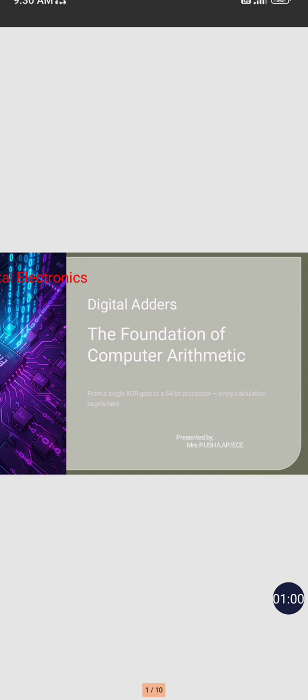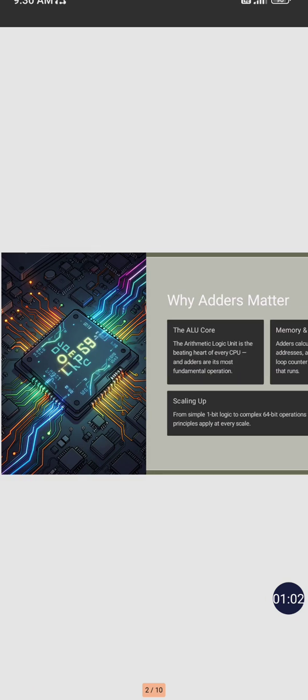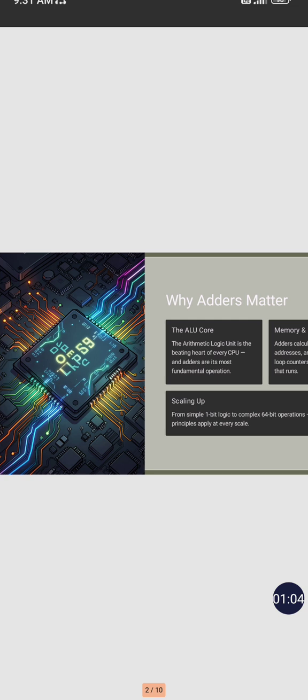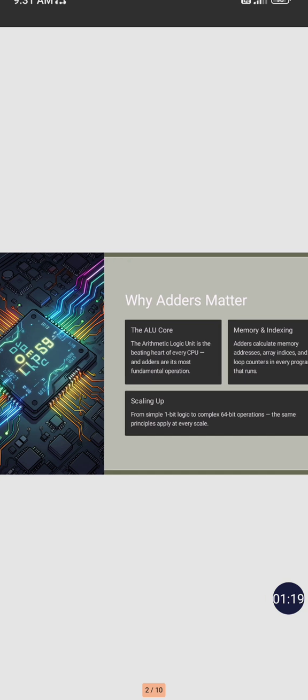Why is the digital adder important? Adders are very important because they are the core of the ALU. ALU means arithmetic logic unit. The ALU performs operations like addition, subtraction, counting and calculation. Whenever a processor accesses memory or executes a program, adders are working internally.